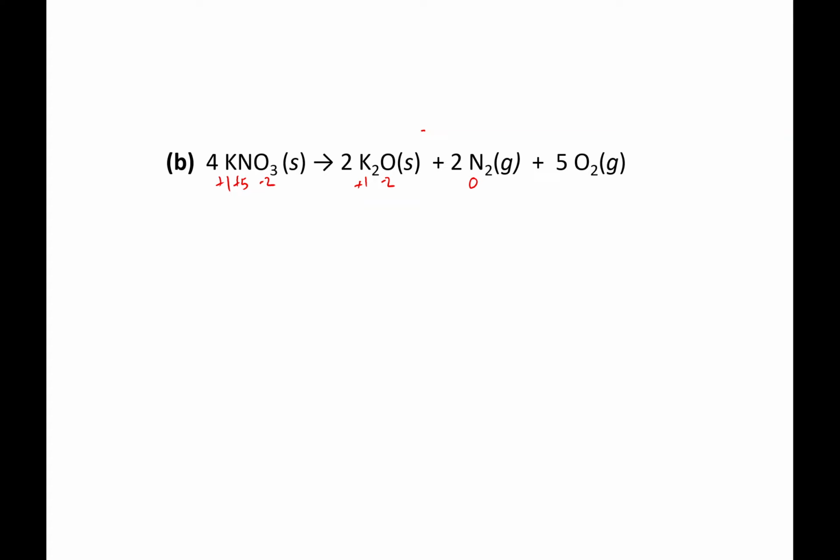N2, that's an elemental form, that's 0. And O2 is also an elemental form, which is 0. So in this case, oxygen is going from -2 to 0, being oxidized, the oxygen in KNO3, and the nitrogen is going from a +5 to 0, so that is being reduced.